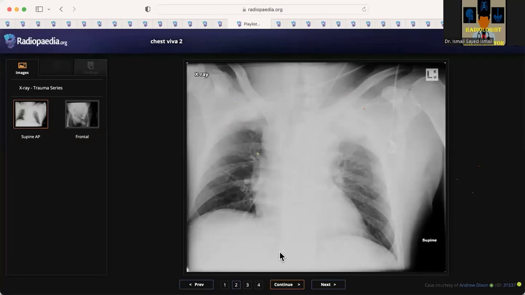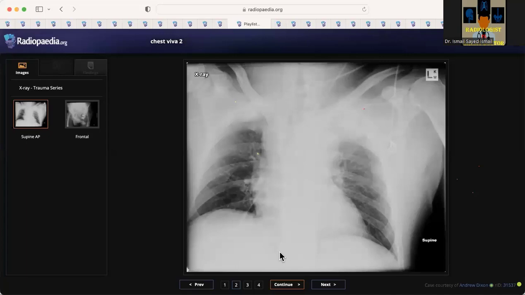So, in summary, this opacity in the left upper zone, this could be a consolidation or mass lesion, or could be apical opacity, apical cap. So I would inquire about the patient history.